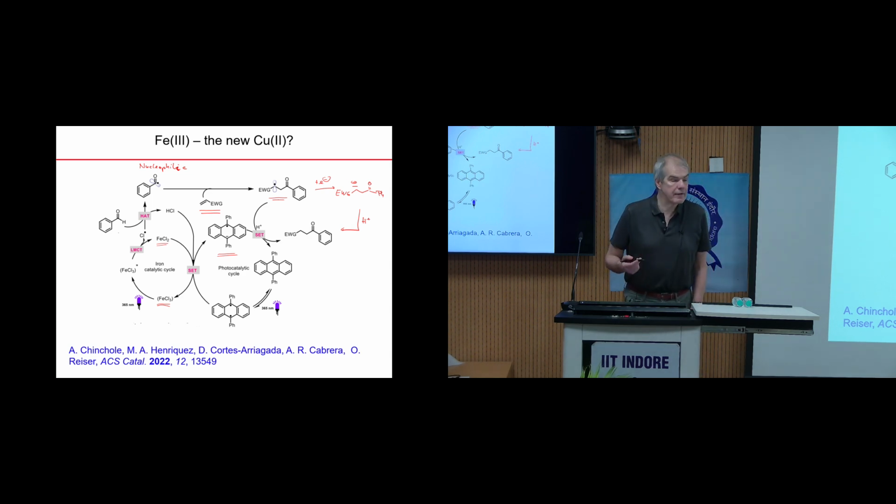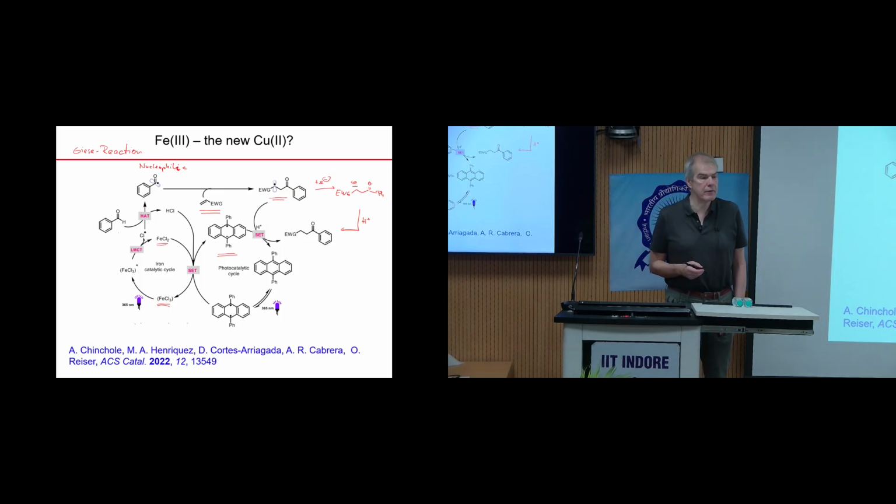And so this is a classical Giese reaction. The name Giese reaction comes from the person who invented this, not photochemically, but Professor Giese from Germany, and then later on he was in Switzerland.